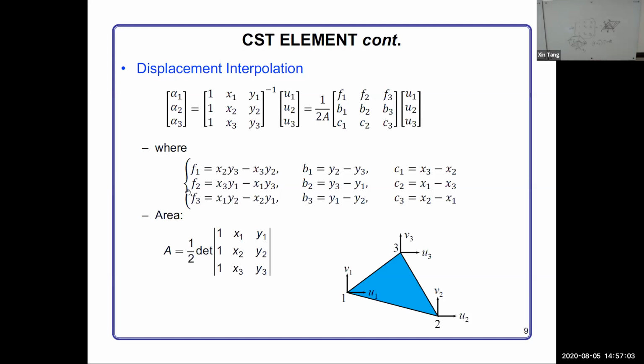And same thing for F2, you need to carefully check the index, but they are all in similar forms. Same thing for B: B1 equals Y2 minus Y3, B2, B3, and C1 equals X3 minus X2, and you can calculate C2, C3.